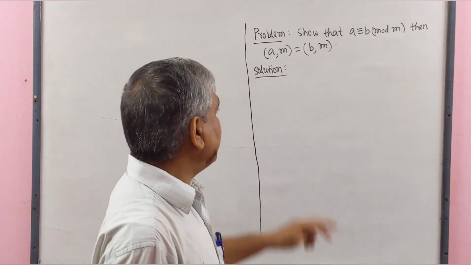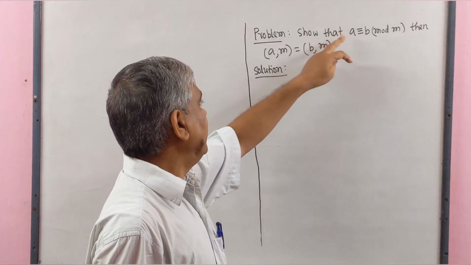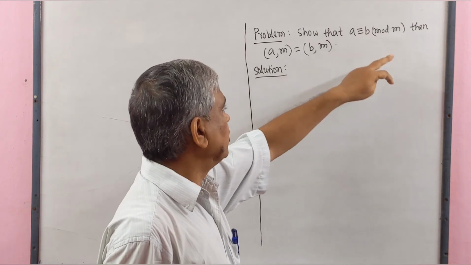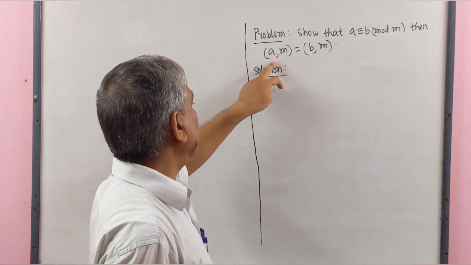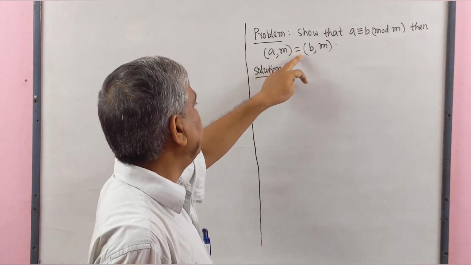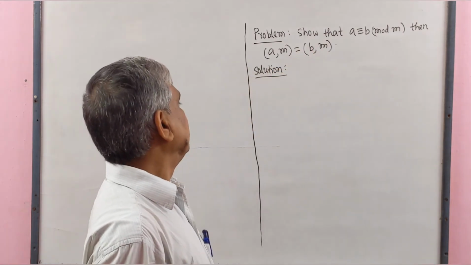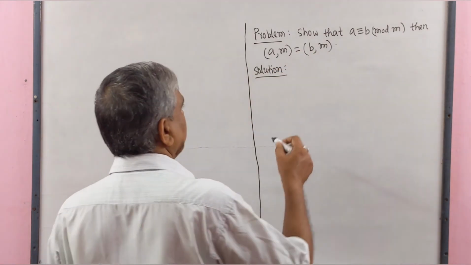Now we solve the next problem. Show that if a is congruent to b modulo m, then the GCD of a and m equals the GCD of b and m. Now we solve this.